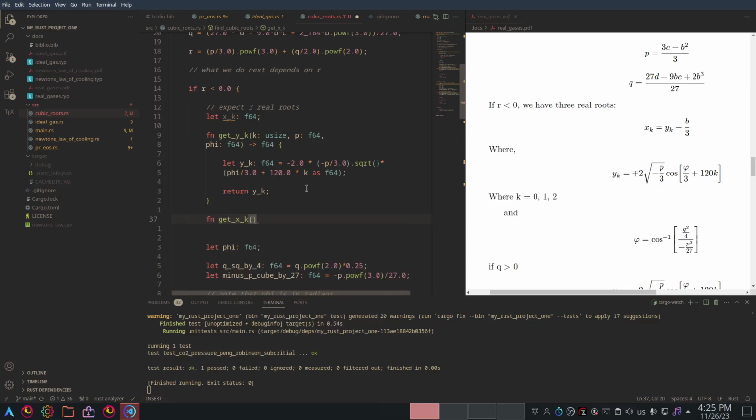So for getXk, xk is based on yk. So yk is an f64 value, and I want the b value, which is also an f64. And then I'll just return an f64.